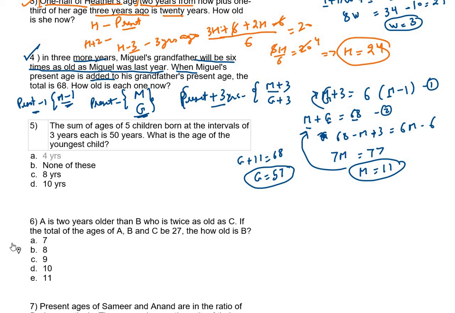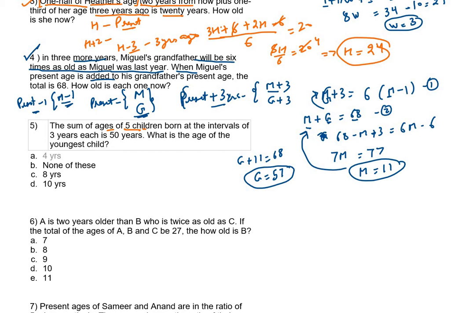So let's move on to the next problem. The sum of ages of 5 children born at the intervals of 3 years each is 50 years. Whenever there is such a problem where the sum of 5 objects, 5 children, or 7 objects, 3 objects, you have to smartly choose the variable. How can we do that?